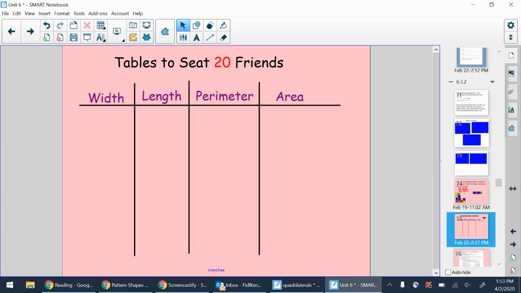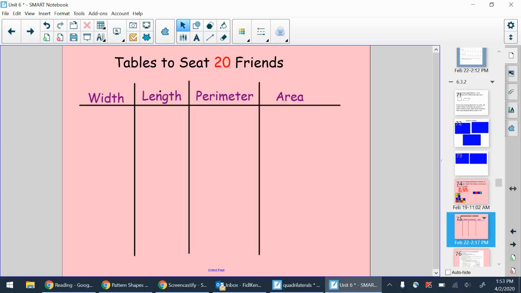We're going to compare some different things about the rectangles I created, all with a perimeter of 20. I'm going to write down the width of the rectangle, the length, or sometimes we might say the height, and then the perimeter and the area for each one.